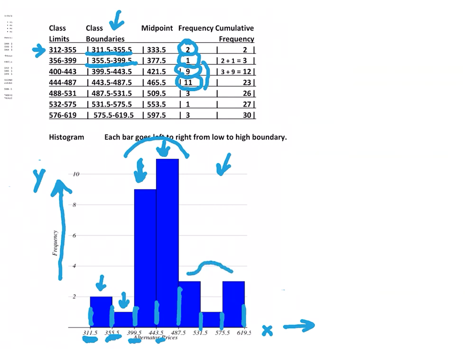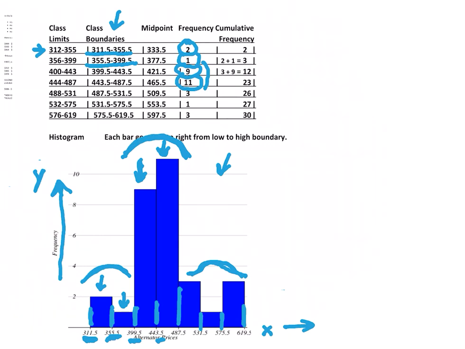Whereas a minority of prices are above $487.50 or below here, these prices here are the minority. The middle, in the 400s, that's where we see the majority of the prices.